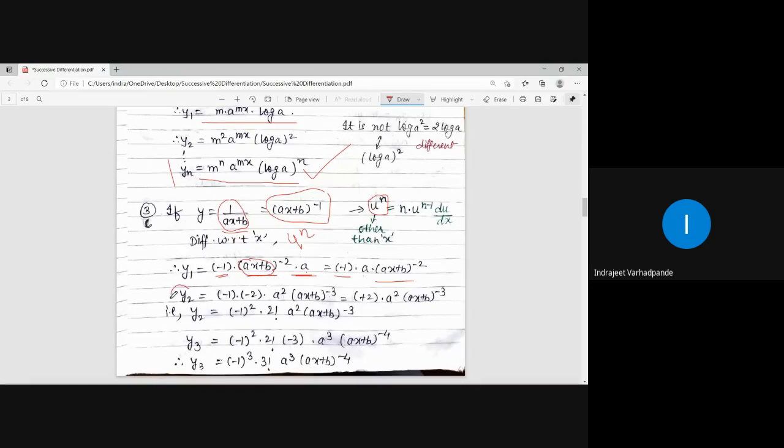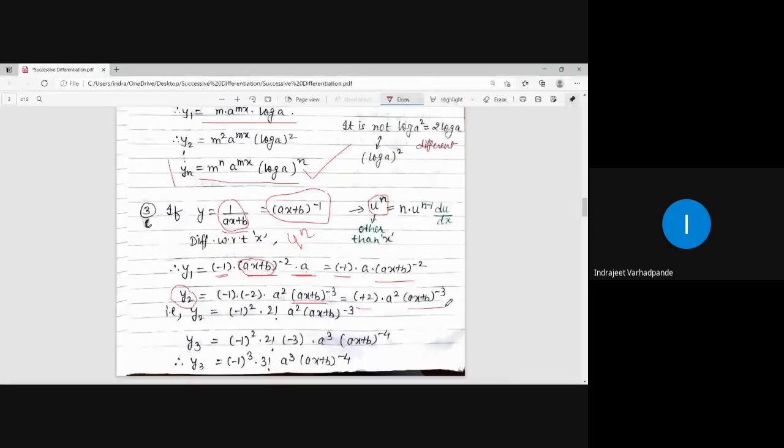Again differentiate it. Second derivative: minus 1 into minus 2 into a square and ax plus b to the power minus 3. So I can write this as plus 2 into a square.